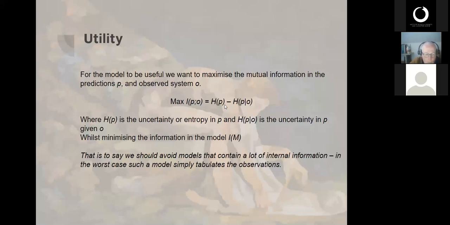Well, you work it out in terms of the entropy of the predictions minus the entropy of the predictions given the observations, where H means entropy and P bar O means predictions given the observations. And you want to maximize that whilst minimizing the information content of the model. That's to say, you've got to avoid models which contain lots of internal information, because in the worst case, such a model just tabulates the observations. It tabulates past observations.